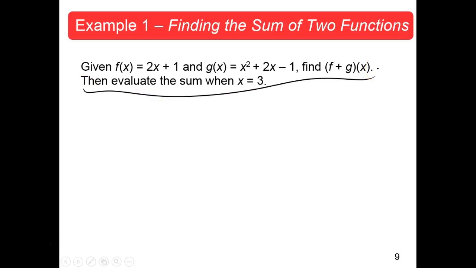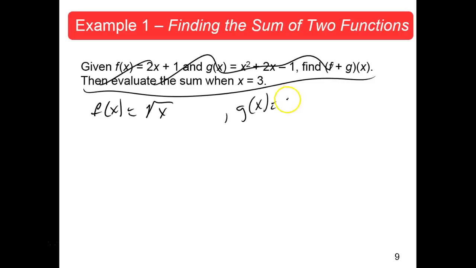Now they really pop it to you on this one. Find f divided by g and g divided by f for the functions f of x equal to the square root of x, and g of x equal to the square root of 4 minus x squared.